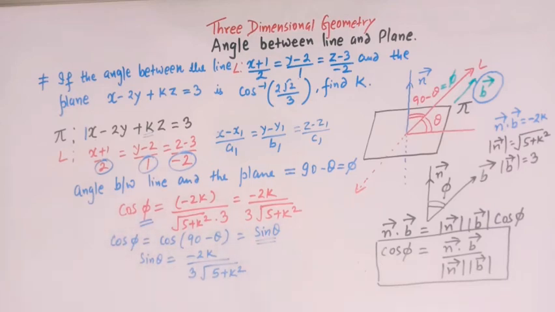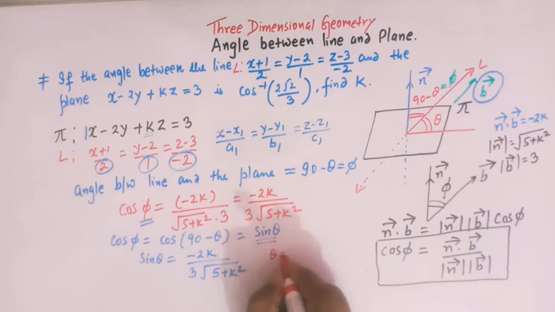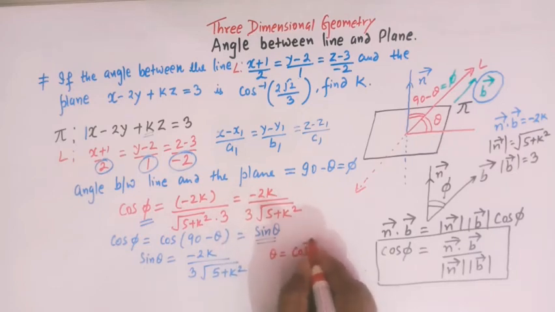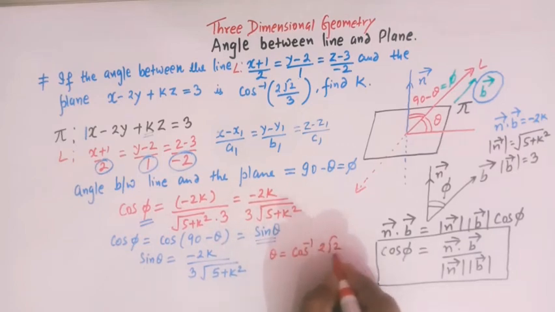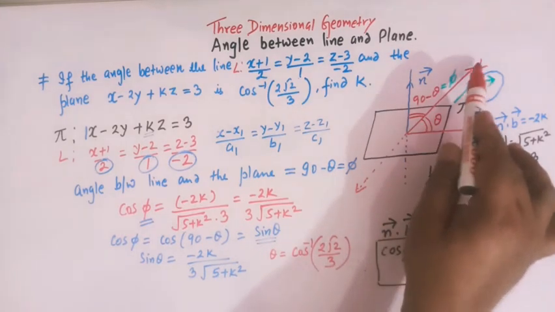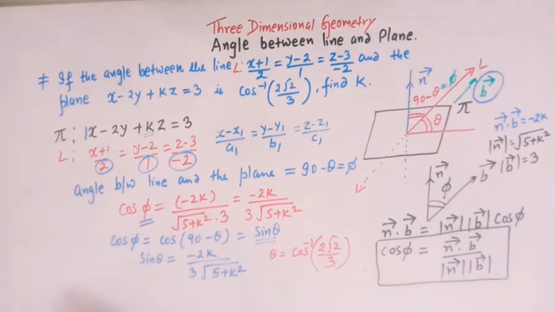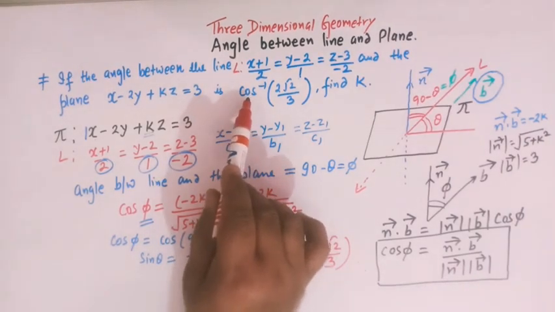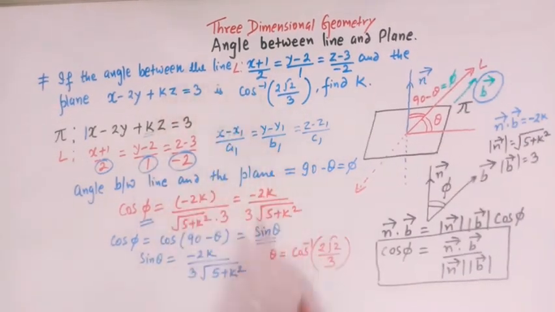So it implies that we are given theta is equal to cos inverse of 2 root 2 over 3, because theta is the angle between the line L and the plane pi, and this angle is given to be equal to cos inverse 2 root 2 over 3. So from here we can write cos of theta is equal to 2 root 2 over 3.